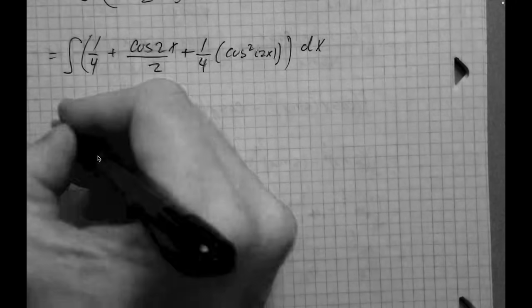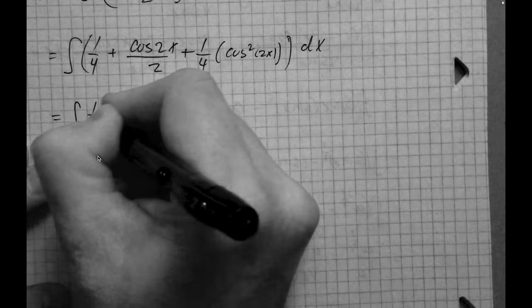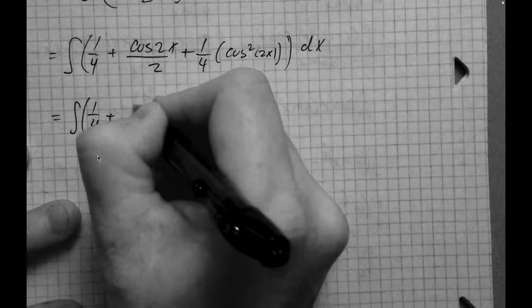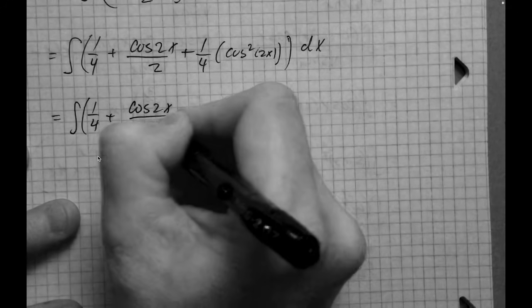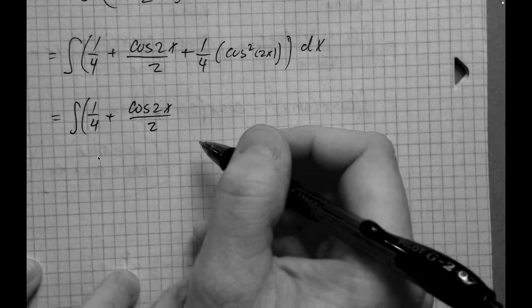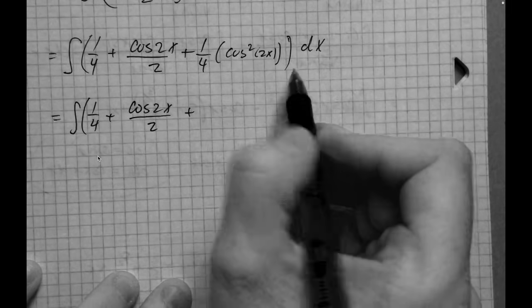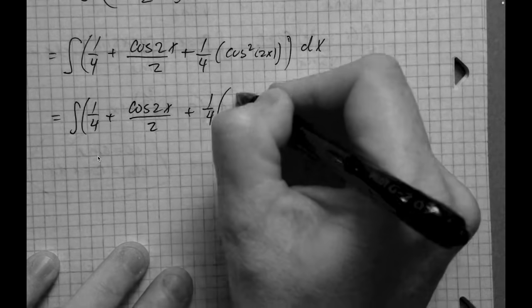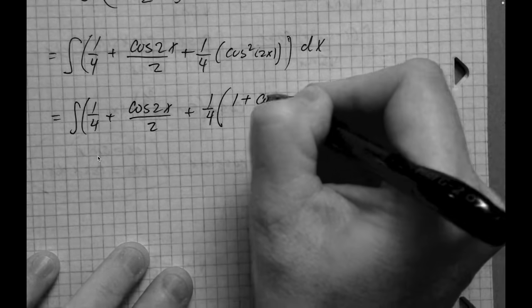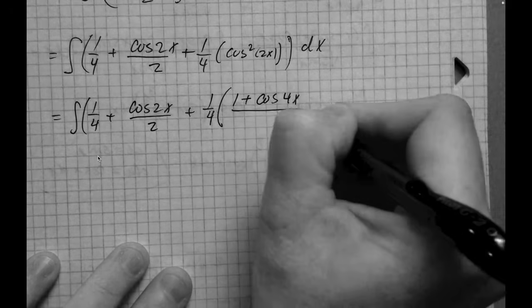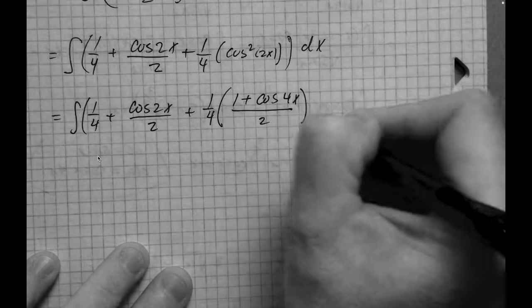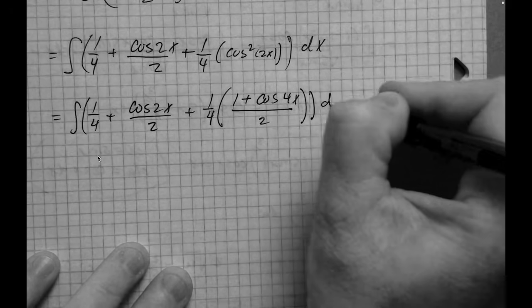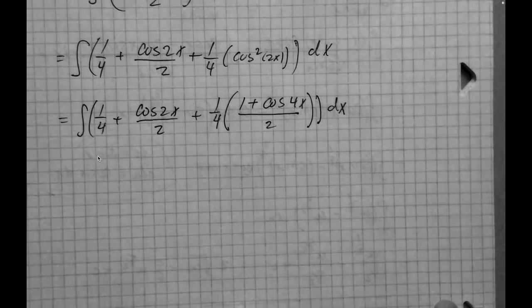Okay, so when we do that, we get 1/4 plus cos 2x over 2, plus 1/4, and then we have to plug in 1 plus cosine of 4x over 2, like so.